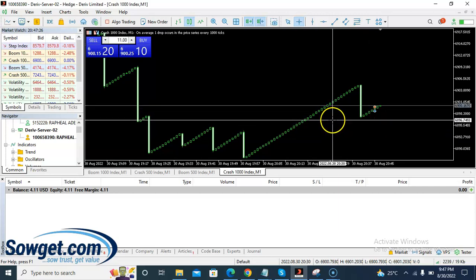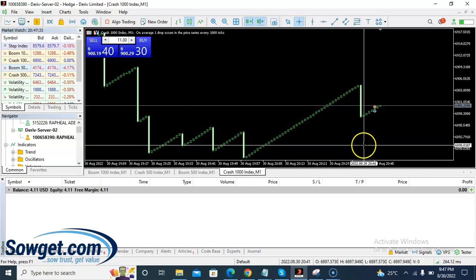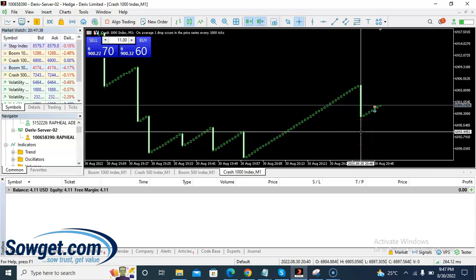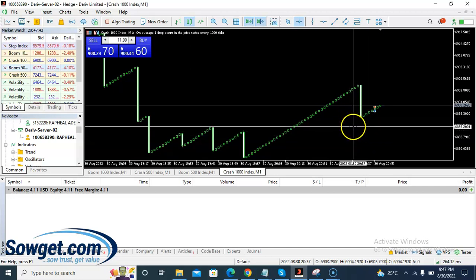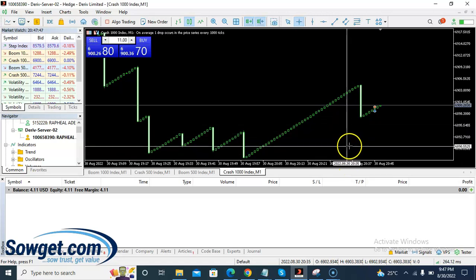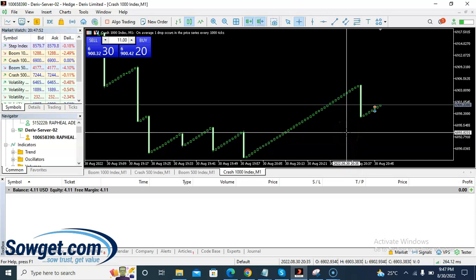If your stop loss is just here, let's say 6896.74, and let's say the market spikes down to around 6890, as you can see there, Deriv will not honor your stop loss that you set here. So the market will take you out at the end of the spike, so you are going to lose more. That is a very important risk consideration that you must add in your analysis before you start trading on Boom and Crash.